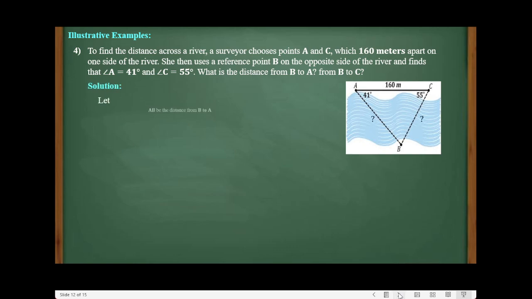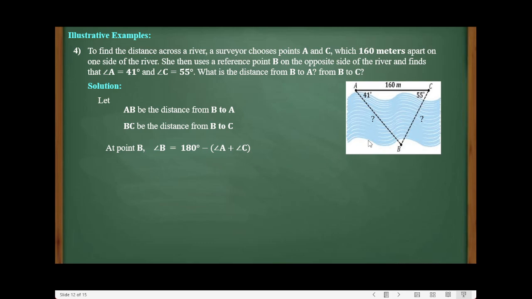For our solution, let AB be the distance from B to A, and similarly let BC be the distance from B to C. At point B, we need to find the angle formed, so we use the angle sum theorem.